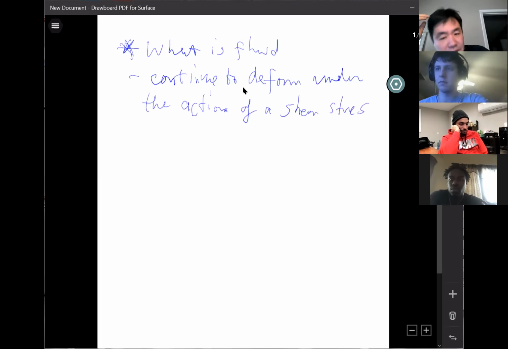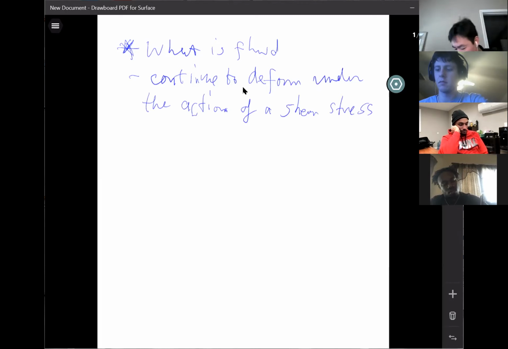You don't need to write notes. I will post the PDF of my notes on Moodle, so just look at the screen and listen. Continue to deform under the action of a shear stress. Does that make sense?